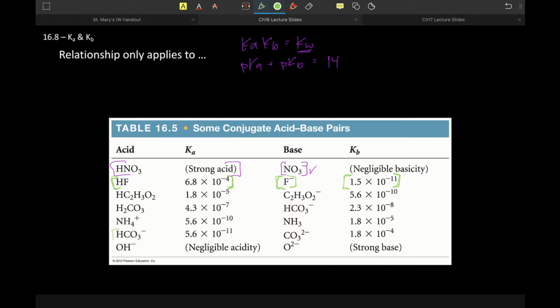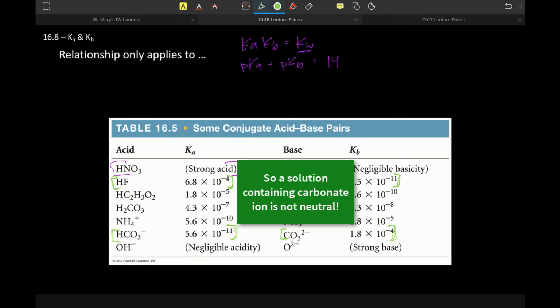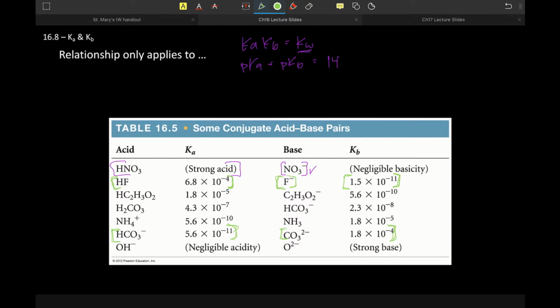Then the weaker our acid gets, eventually we end up with something significantly basic like the carbonate ion, with a Kb of 10 to the negative 4, meaning carbonate ion definitely has a tendency to react with water to form hydroxide ion, resulting in a basic solution. And then obviously the hydroxide and the oxide ion.